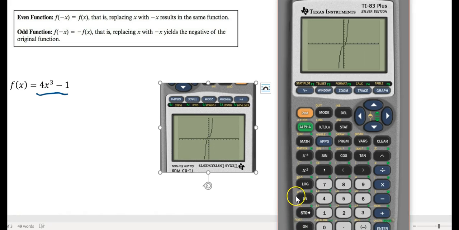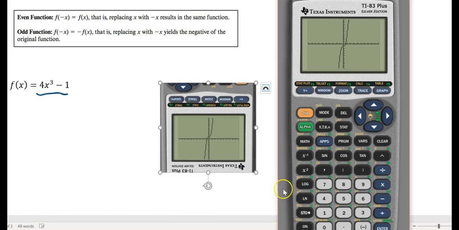Once you hold it upside down, it should look like the original graph you started with. Now, if you notice, it sort of does, but look closer and notice that the first graph that we started with, the intersection with the y-axis was below the x-axis, and the one when we hold it upside down is above the x-axis. They'd have to be identical for it to be an odd function.